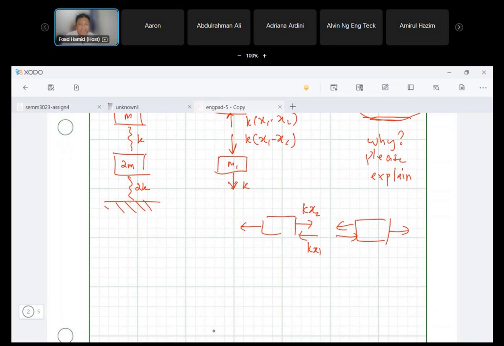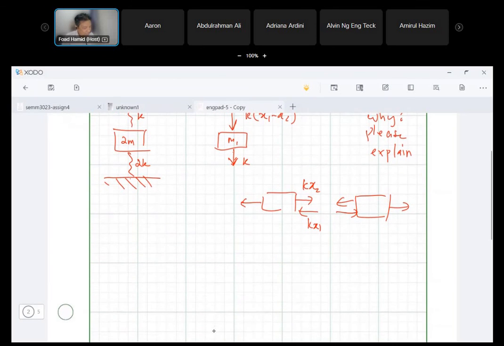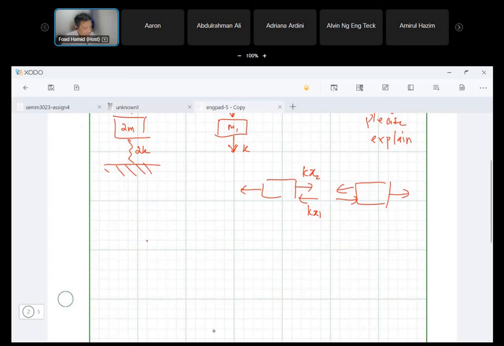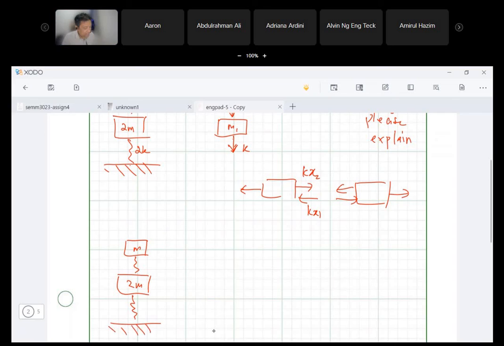Mine is simple. Remember, this is my master subject under earthquake engineering. So this is 2K, right? This is K. This is at what we call the initial position, basically at rest. So let me do this.